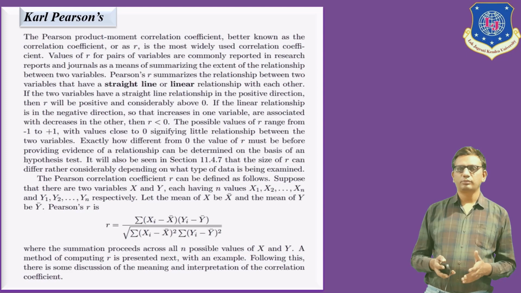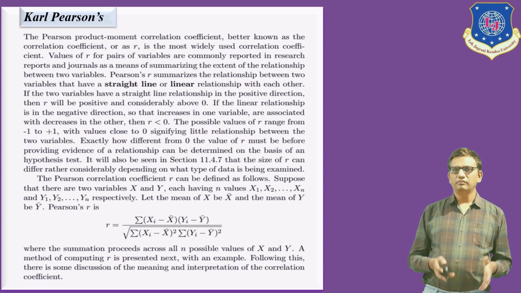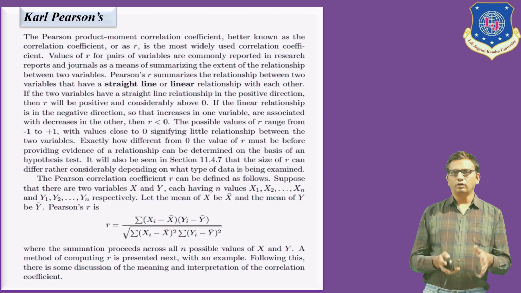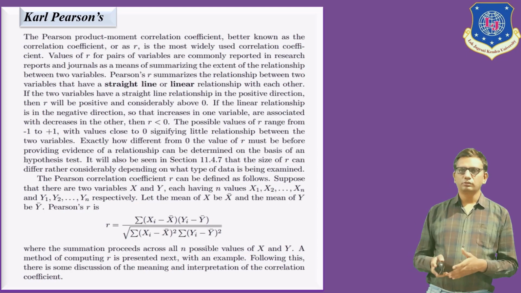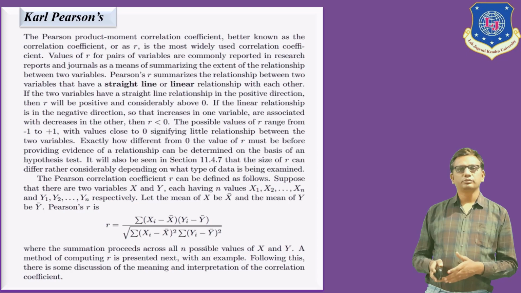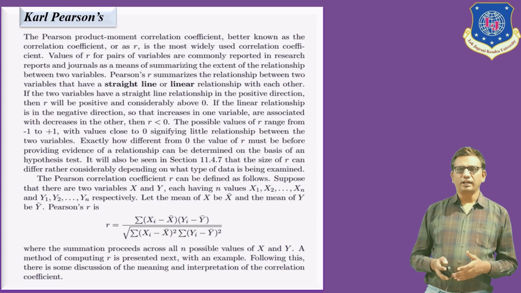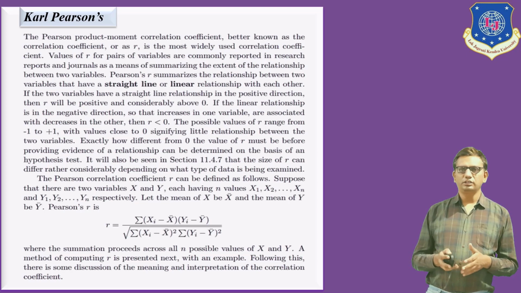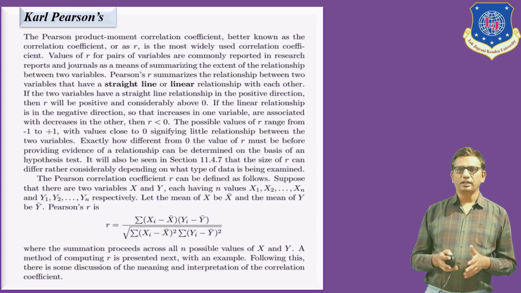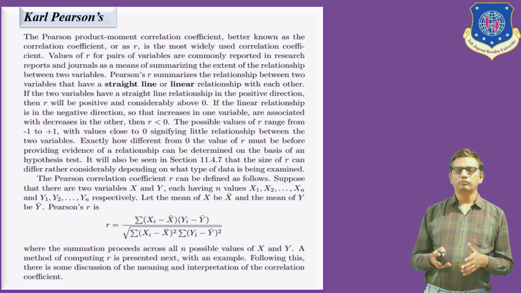Here the mean x bar is either given or we have to calculate it from the given data, and y bar is also calculated from the given y data. After that we find the summation of xi minus x bar into yi minus y bar, divided by the square root of sigma xi minus x bar squared into sigma yi minus y bar squared.